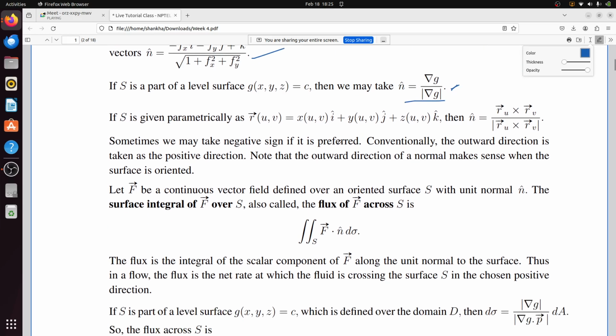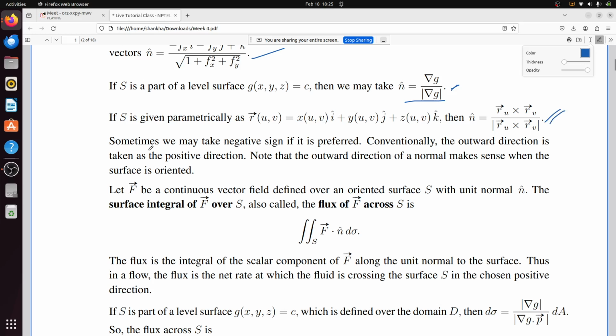Also, if you have a parametric function in vector form, where x, y and z all depend upon two parameters u and v, then the expression for the unit normal is this.